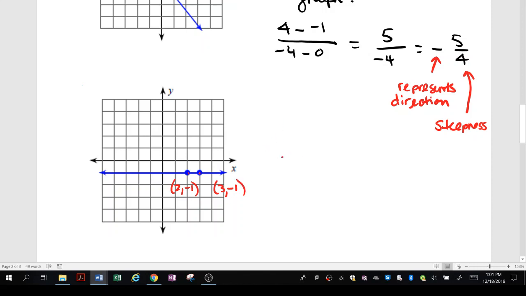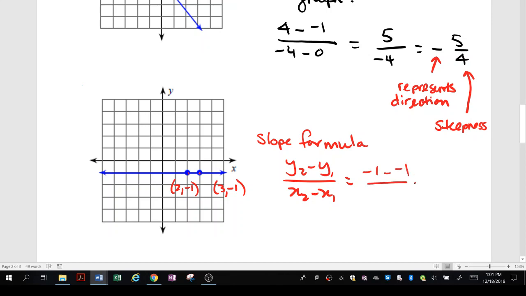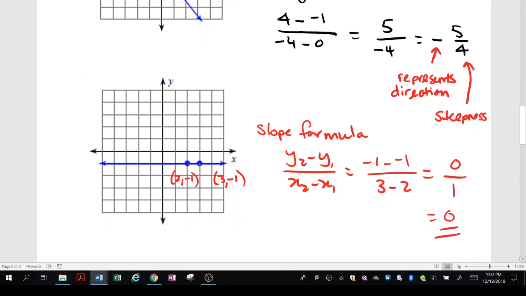Now you'll notice if we use the slope formula, y2 minus y1 over x2 minus x1, this gives us -1 minus -1 over 3 minus 2. And so we get 0 over 1, which is just 0. So that is a 0 slope.